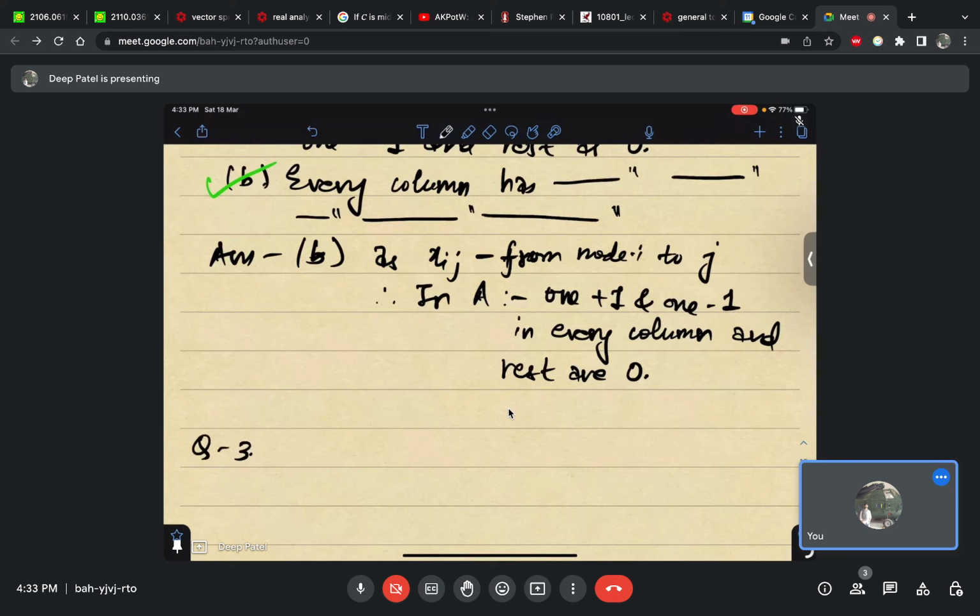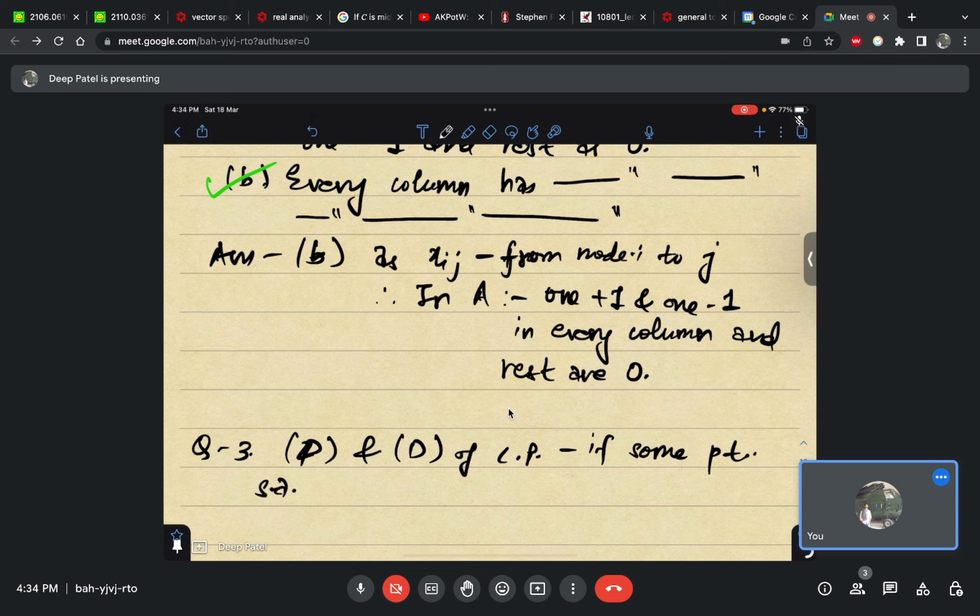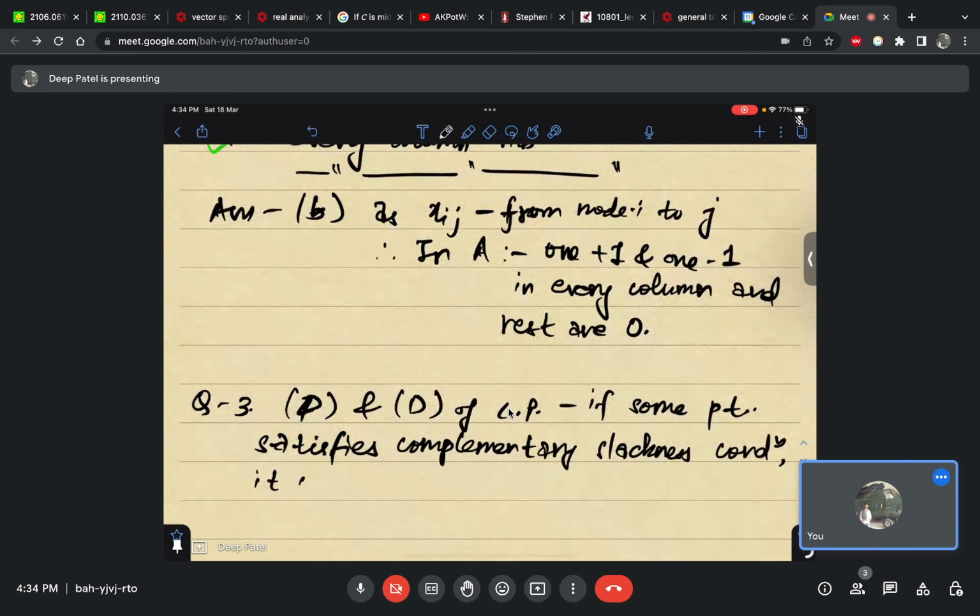Okay. For the primal and dual of an LP, the next question is: if some point satisfies complementary slackness, then it is the optimal solution.